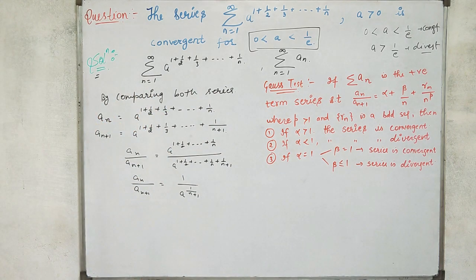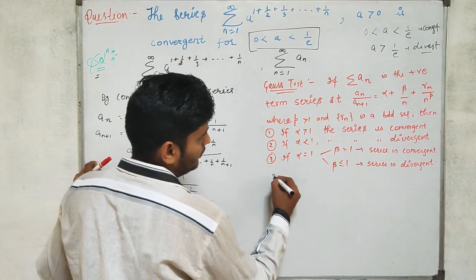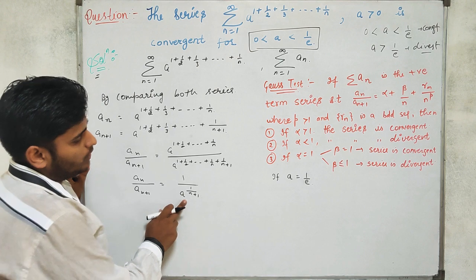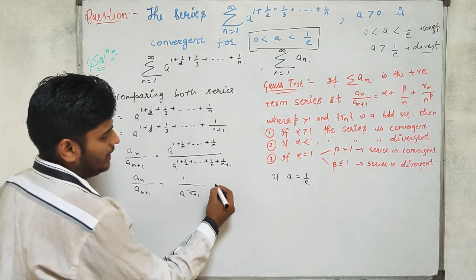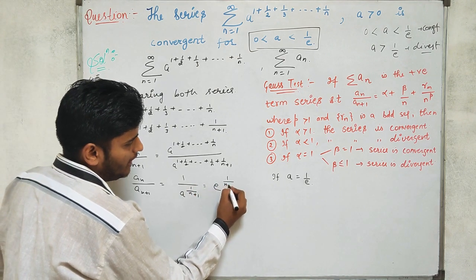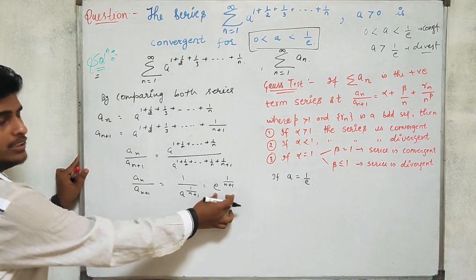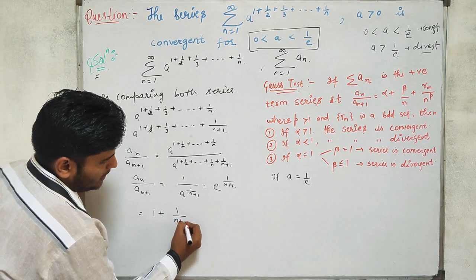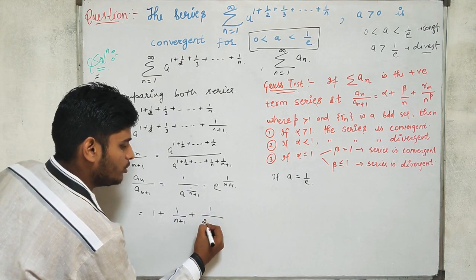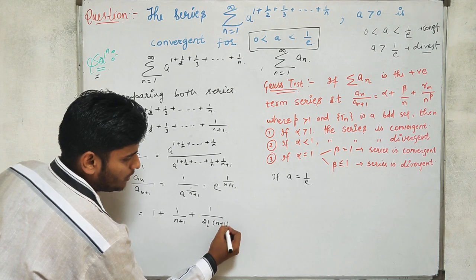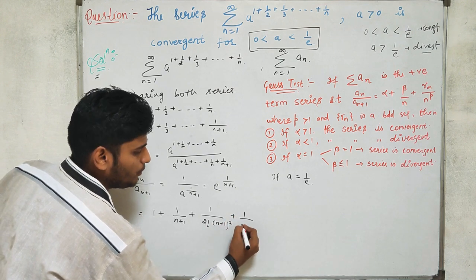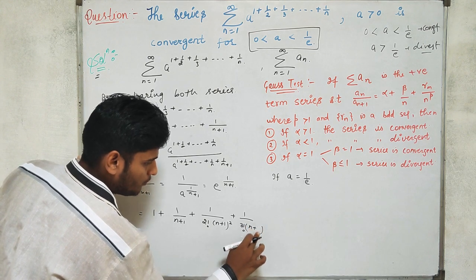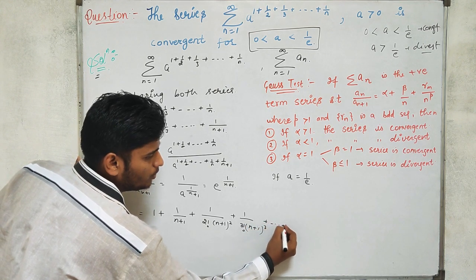Now we discuss the case where A is exactly equal to 1 by e. If we put A equal to 1 by e, then it is e raised to power 1 upon n plus 1. Expanding this by the exponential series, we get 1 plus 1 upon n plus 1, plus 1 upon 2 factorial into (n plus 1) raised to power 2, plus 1 upon 3 factorial into (n plus 1) raised to power 3, and so on.